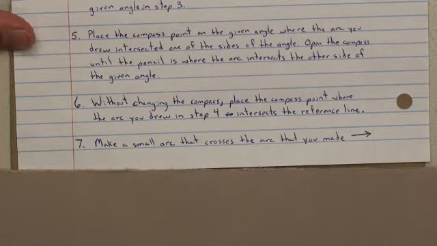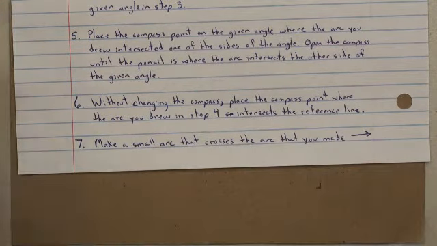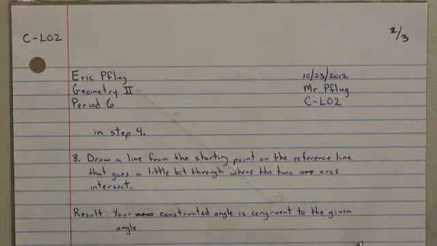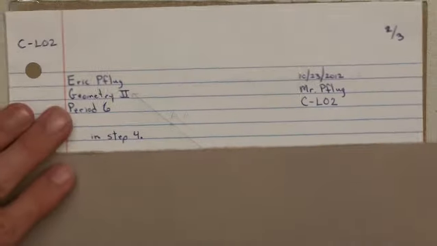And the seventh step, which will continue on to the next page, is to make a small arc that crosses the arc that you made in step 4. You can see where I have that continued here.